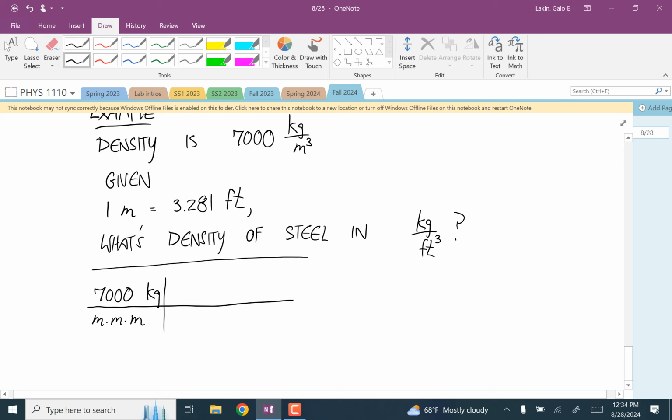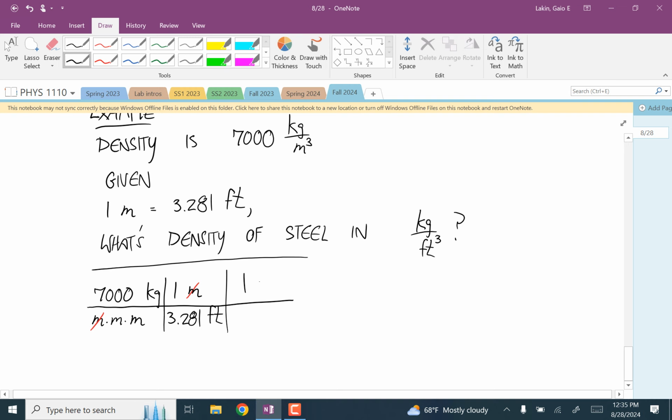And we're not converting the kilograms, so we can just leave that as it is, but we are converting the meters to feet. So 1 by 1, we just have to do that 3 times. The meters are in the denominator, so the conversion factor we want it in the numerator. So 1 meter over 3.281 feet. Cancels the first one.